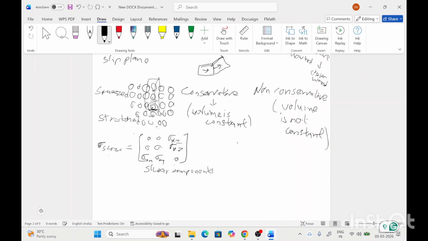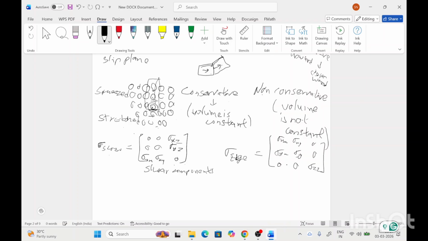But for edge dislocation, the stress field is given by sigma xx, sigma xy 0, sigma yx, sigma yy 0, and both are 0, and here sigma zz.